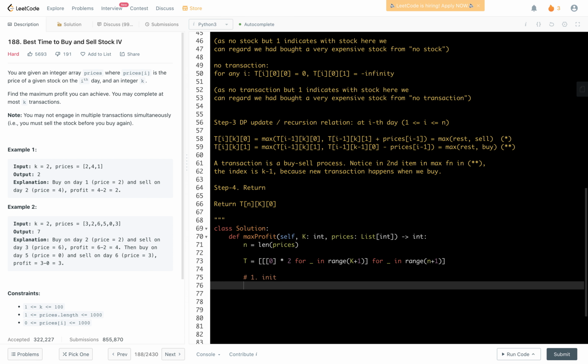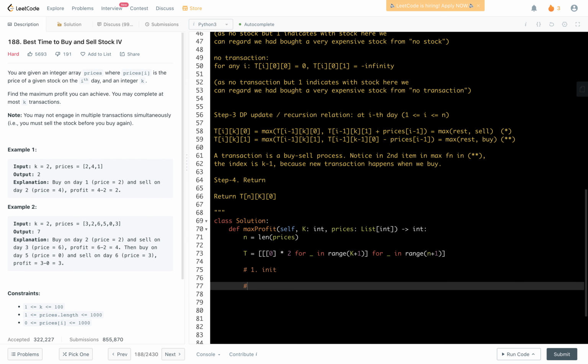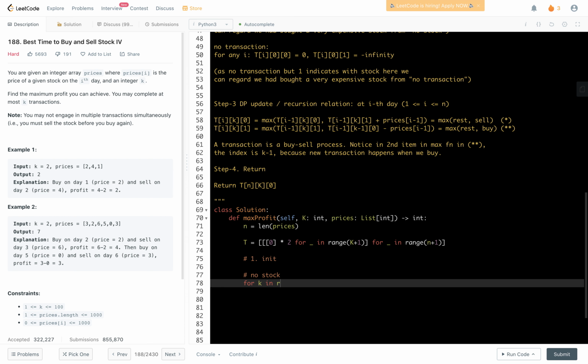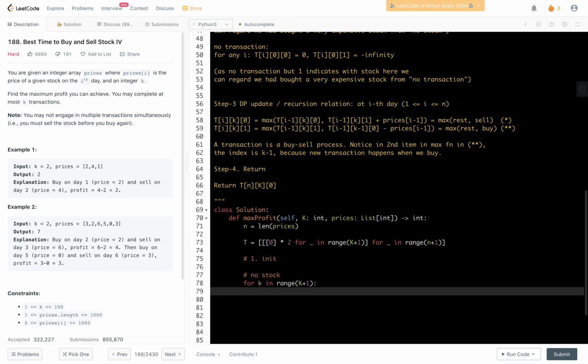So now let's comment this out, or just delete this. Then we are going to do the initialization. First I'm going to check the situation where there's no stock, in other words, at day 0.